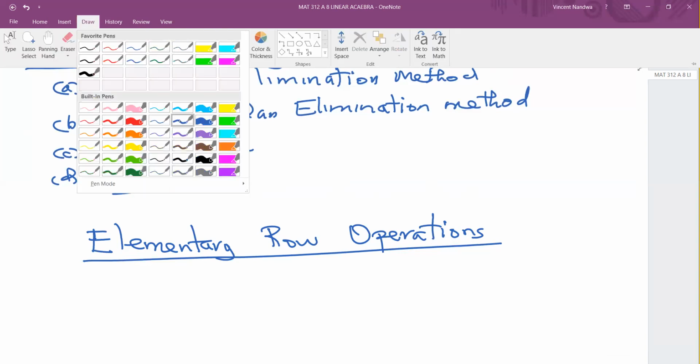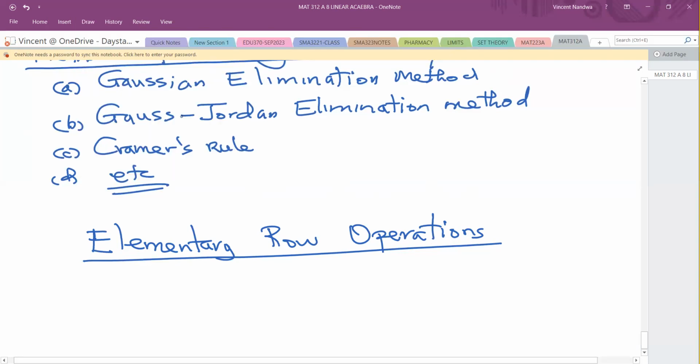Elementary row operations can be applied to a system of linear equations or a matrix, and they simply help us to get a structure of a system of linear equations that can easily enable us to solve for the unknown variables in much simpler form than when the system is still in the precursor form.